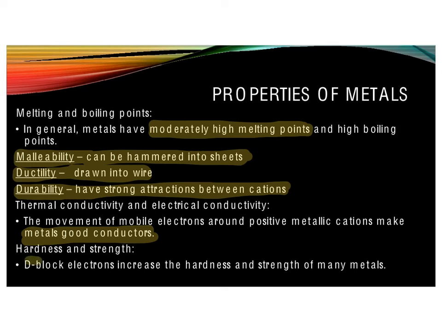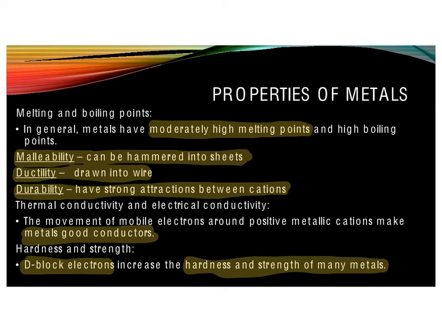And D-block electrons, which is most of the metals, are right there in that thick D-block in the middle of the periodic table. More D-block electrons tend to increase the hardness and strength of many metals. It's not always the case. You do have the copper, silver, gold family there, column 11 or 11B, depending on your periodic table, that are kind of soft.